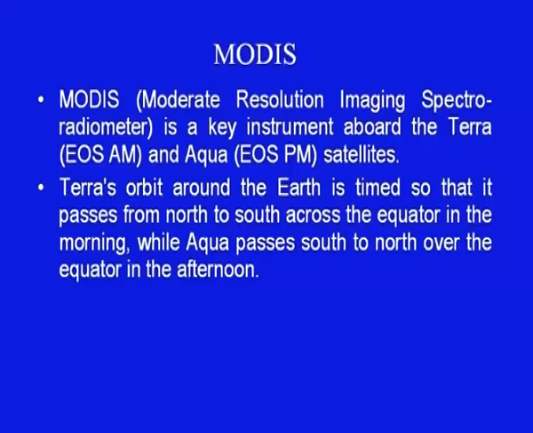EOS means Earth Observing Satellites, AM means in the morning, PM means in the afternoon. Terra's orbit around the Earth is timed so that it passes from north to south across the equator in the morning, while Aqua passes south to north over the equator in the afternoon.